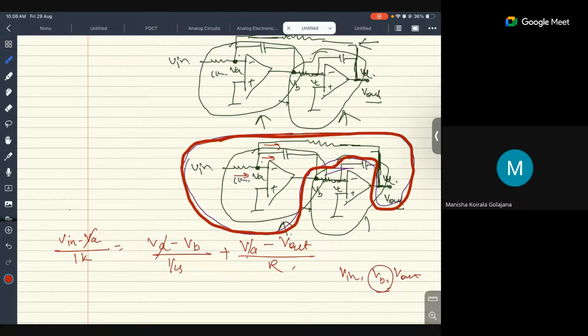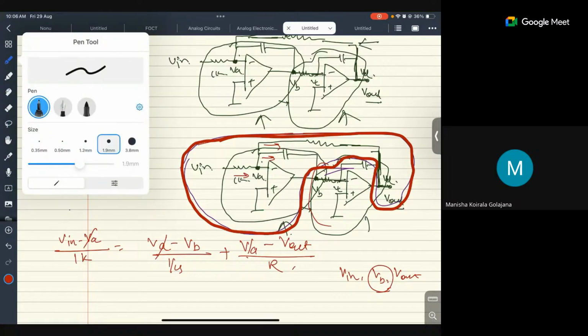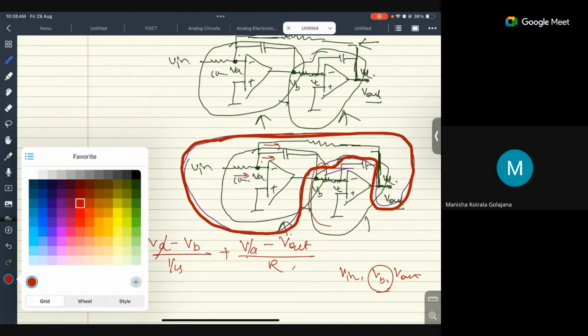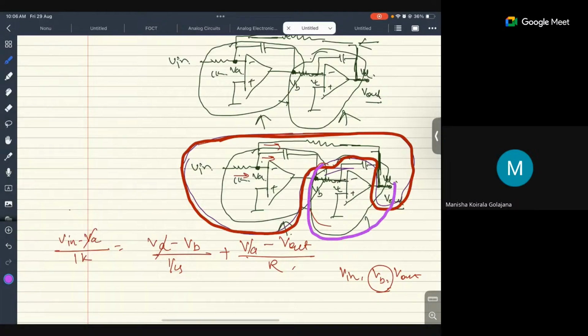So how do we eliminate VB? From the second circuit. I am considering the second circuit. This is my second circuit. What is the equation for the second circuit?